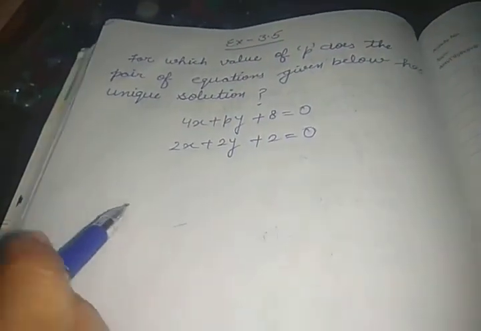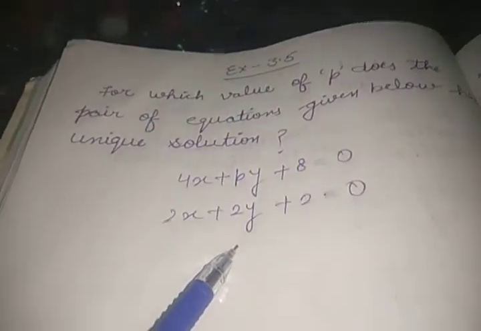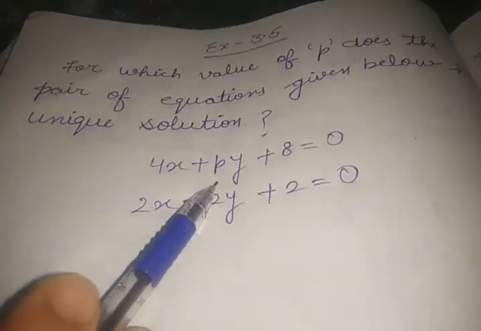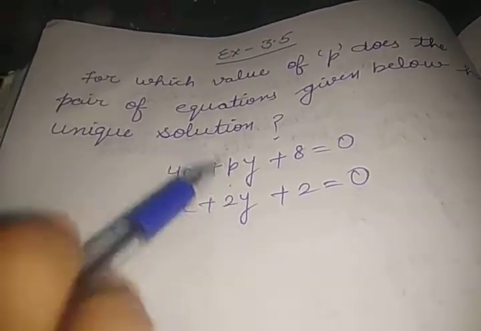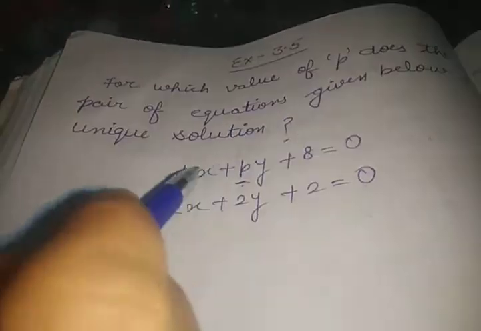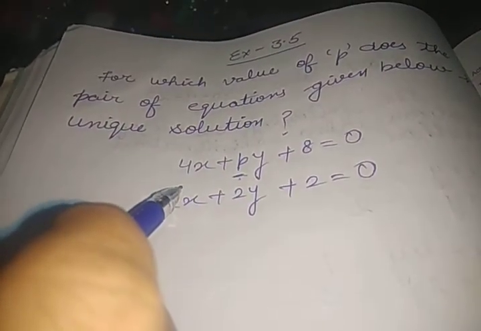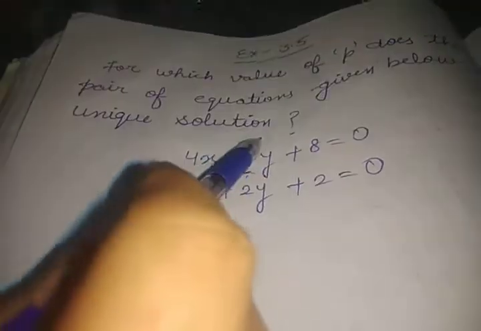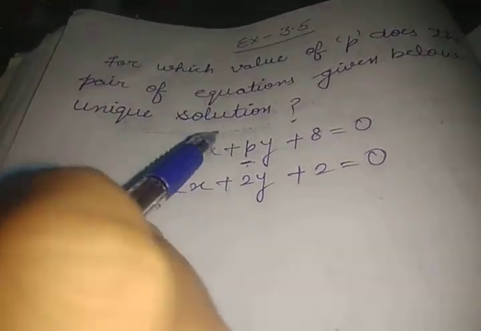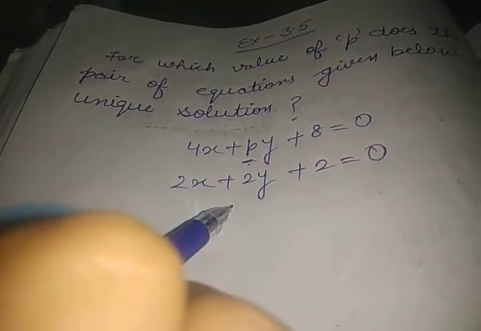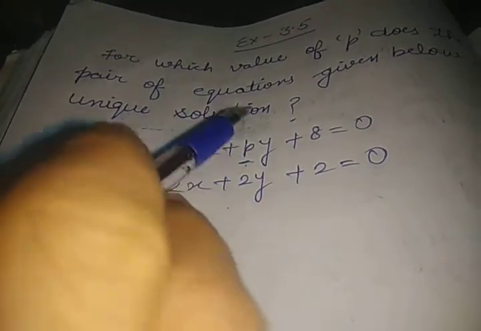These two equations are given to us. So we want to tell for what value of p the given pair of equations has a unique solution. That means these equations have a unique solution, and we want to find the value of p.